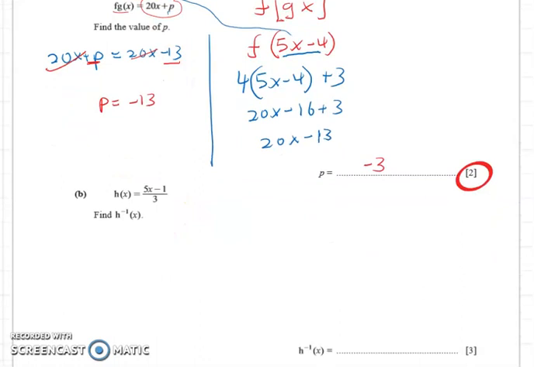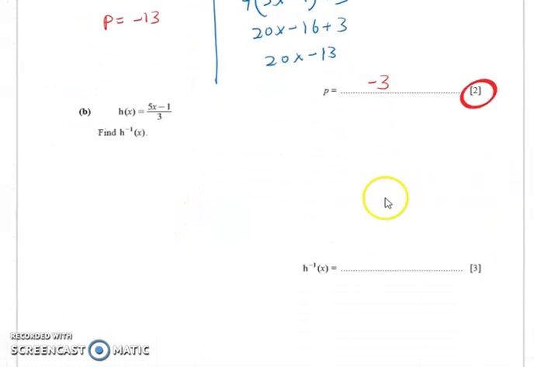Okay, we move on with the inverse function. To do the inverse function, we take this equals to y, 5x minus 1 over 3. We make x the subject. So the 3 we move here, it becomes multiply with y.